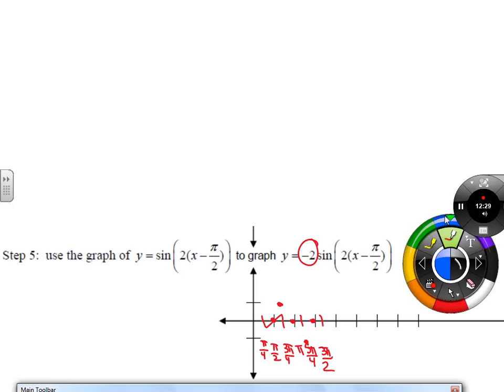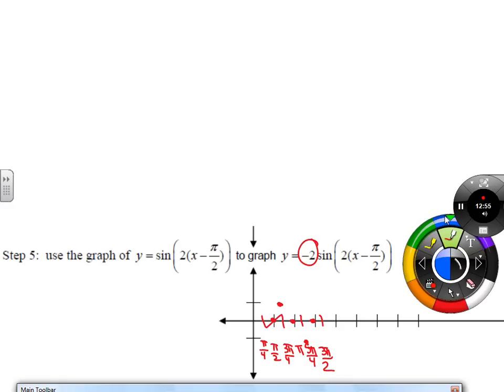A vertical stretch by 2. That means from wherever the middle is, instead of your wave reaching a maximum at 1, it's going to reach a maximum at 2, and its minimum, instead of being at -1, is going to be at -2. Like you saw in the investigation when we put the 3's in front of the functions, the hills and valleys just got a lot higher and lower. But these points kind of stayed in the same place.